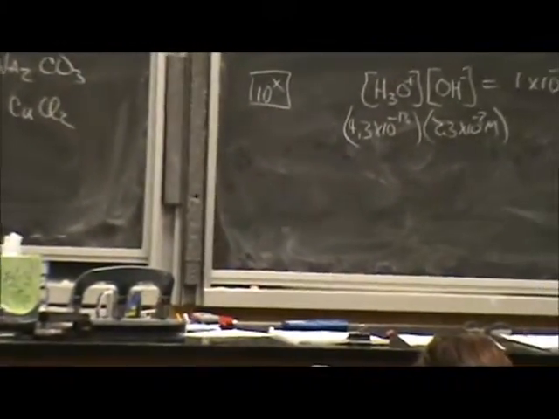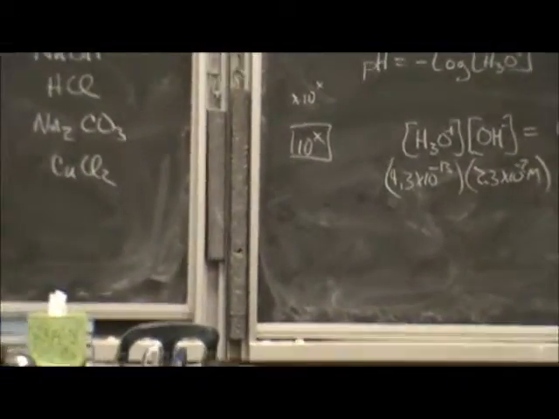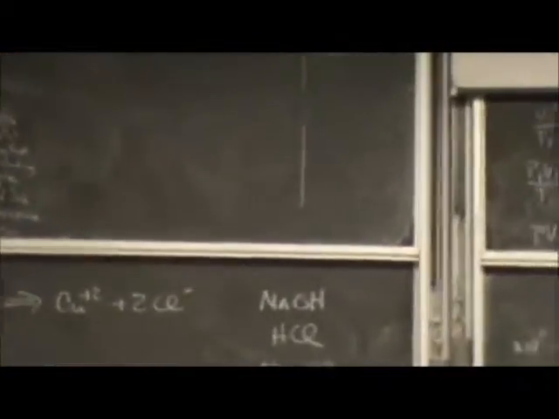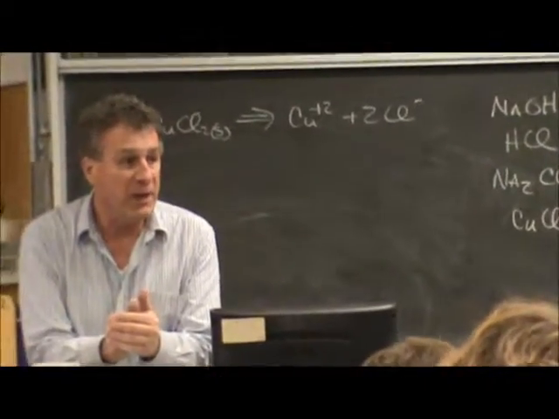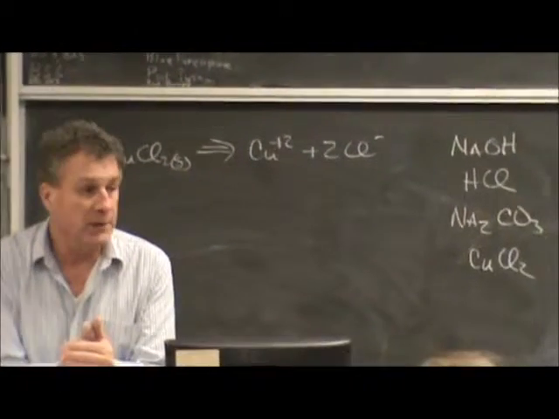Talk to me about the solubility of copper hydroxide, copper 2 hydroxide. Yep, you're looking at your solubility rules. What does it say about the solubility of copper 2 hydroxide?